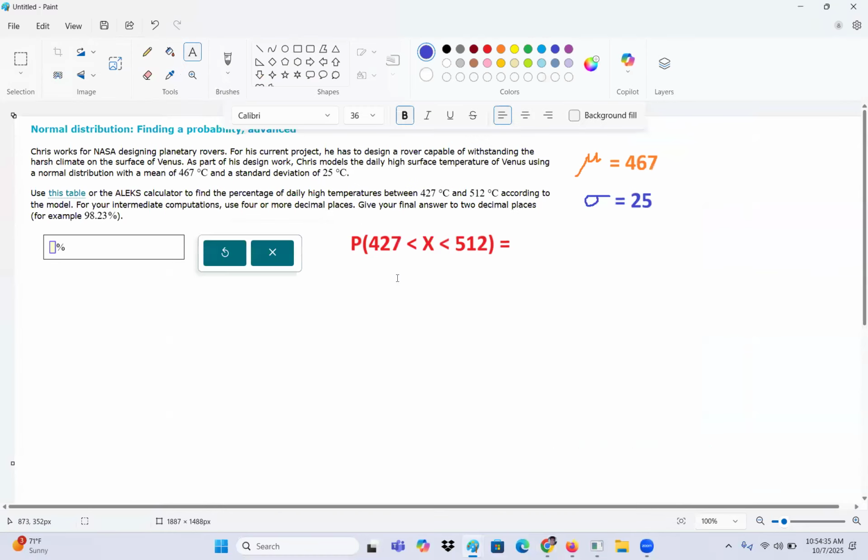Bigger or smaller than. Actually, yes, negative. I just forgot to put the minus sign.